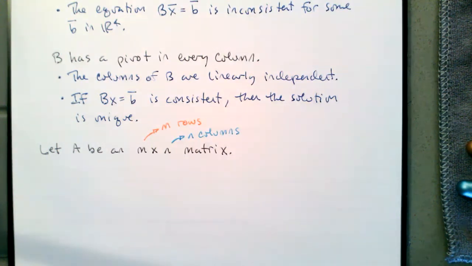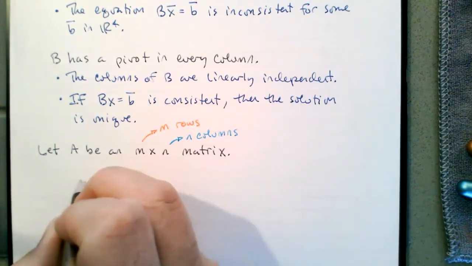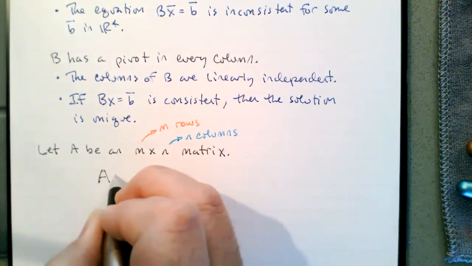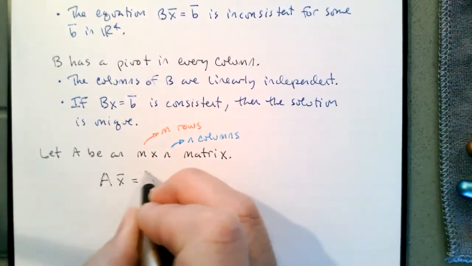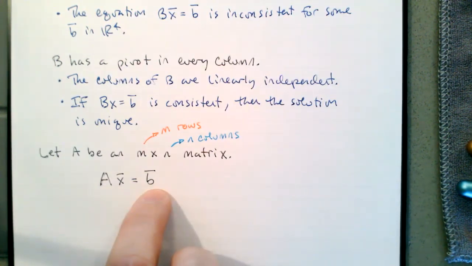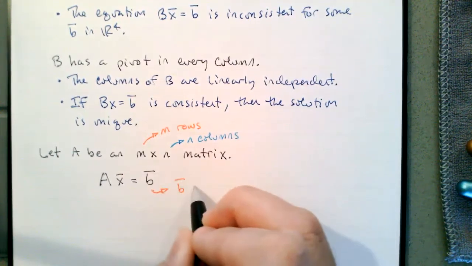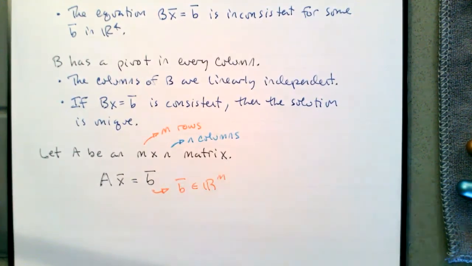What we want to point out is the sizes of the X and the B in the equation AX equals B. So in the equation AX equals B, B is going to be the same size as the columns of A. So B is going to be from R^M. B is the same size as the columns of A.